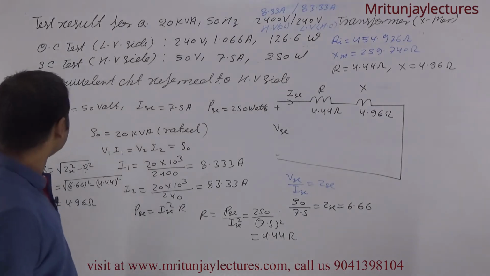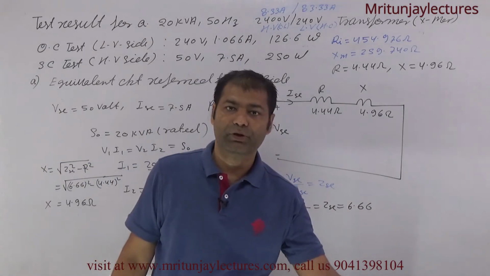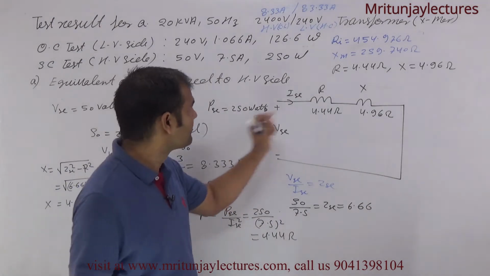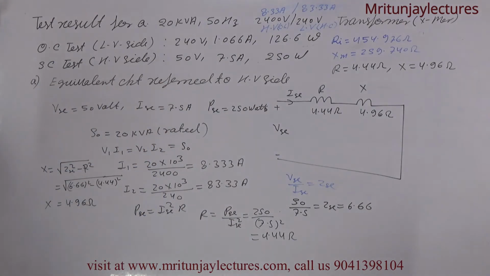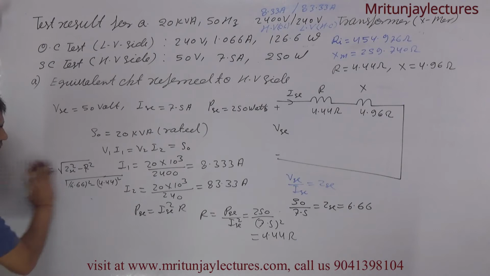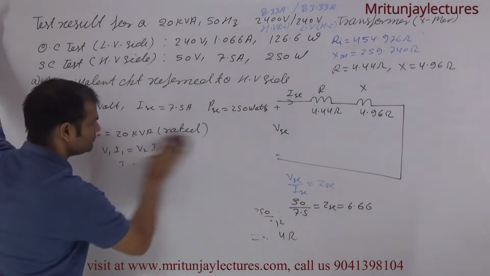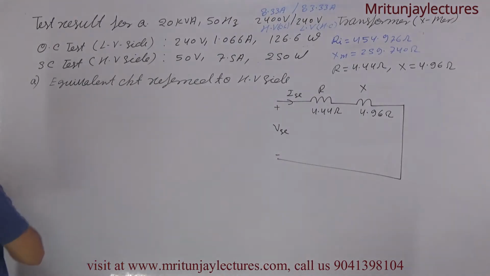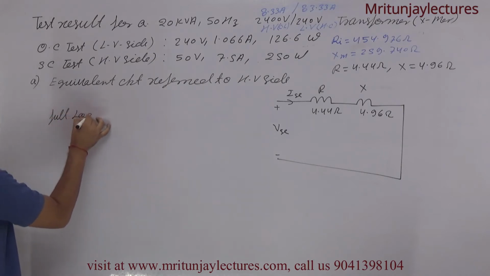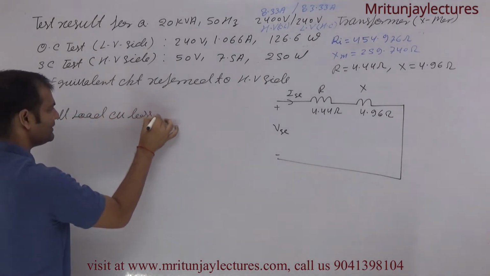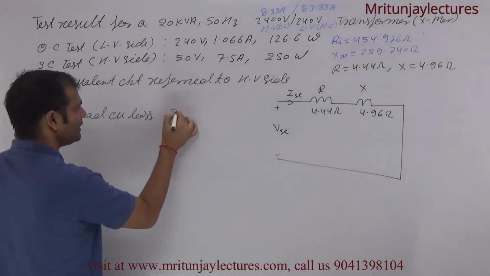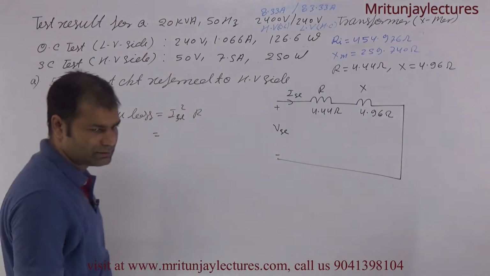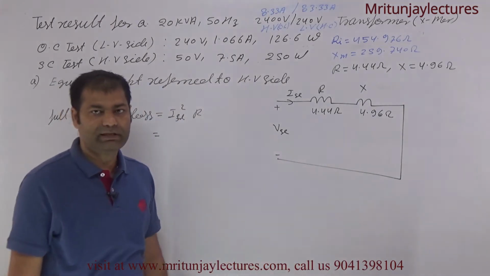Now, our motto: determine the full load copper loss. Full load copper loss is equal to full load current squared into R. Which side, high voltage side or low voltage side?